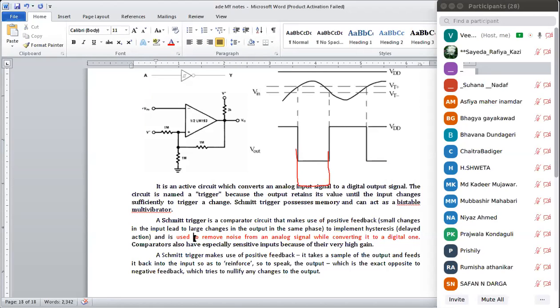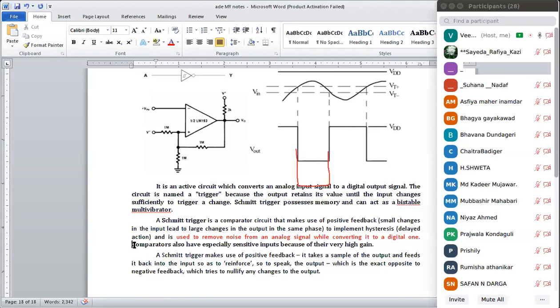This Schmitt trigger is mainly used in the analog to digital converter for the purpose of removing the noise from the analog signal. That is the application of this Schmitt trigger.